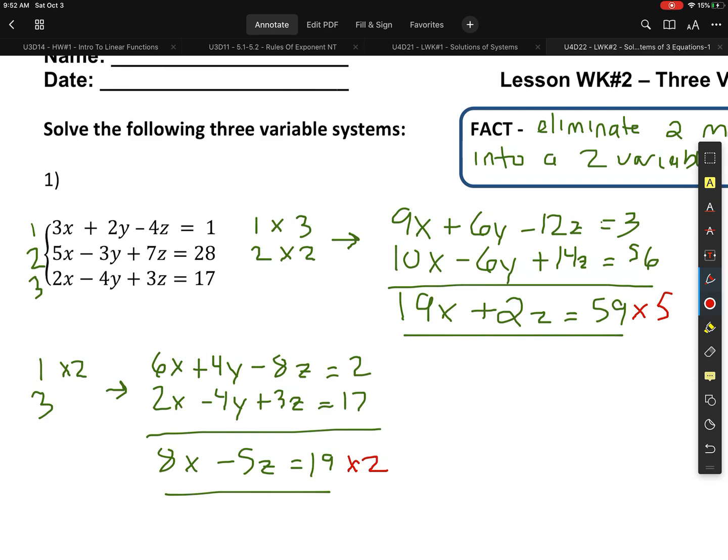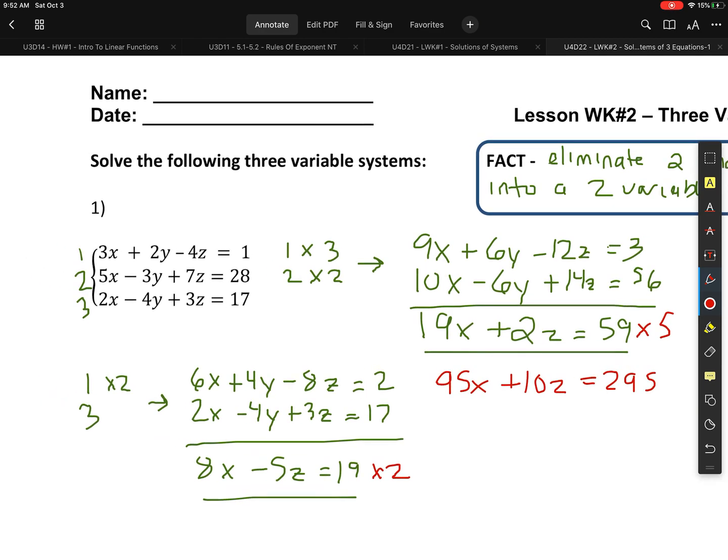So I get, equation 4 times 5, okay, so I get 95x plus 10z equals 295 over 16x minus 10z equals 38.